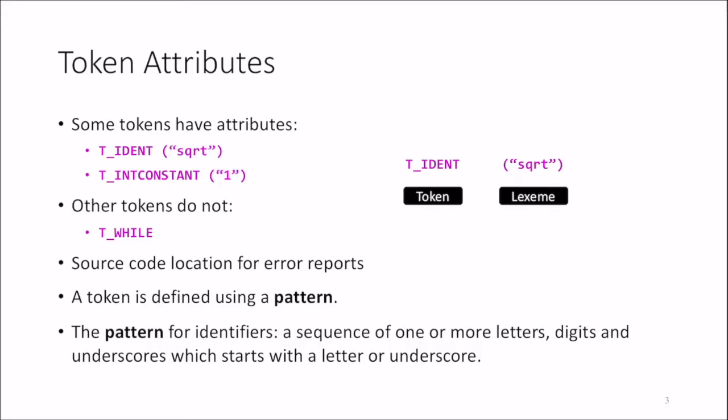A lexical analyzer has two jobs in the compiler pipeline. The first job is to identify the start and end character. So if you are trying to figure out where an identifier is in the input, it needs to know where the start character of that identifier is and where the end character of the identifier is, so it can return the lexeme for further processing.